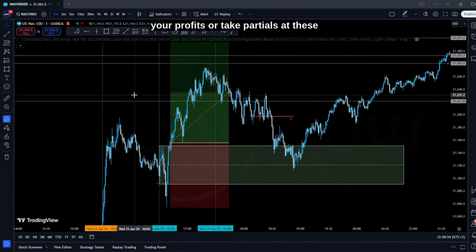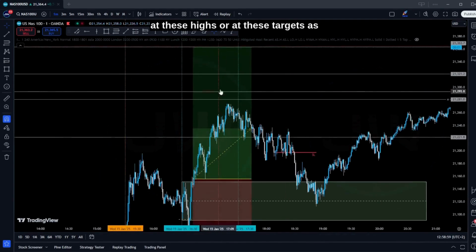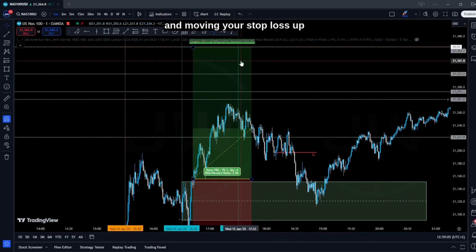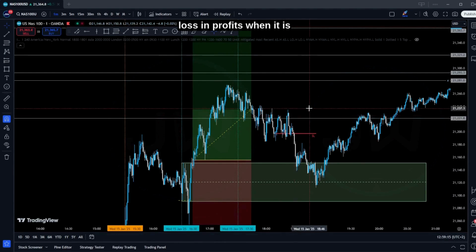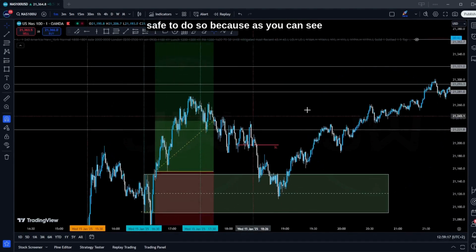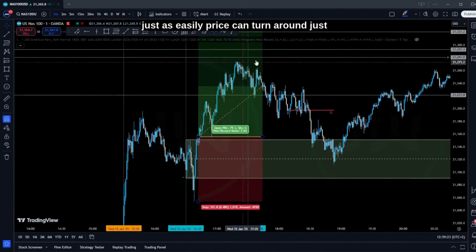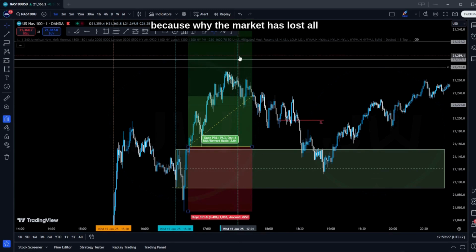It's best to take your profits or take partials at these highs or at these targets as price approaches them, and moving your stop loss up, de-risking, and putting your stop loss in profits when it is safe to do so. Because as you can see, just as easily price can turn around just before the target that you want to hit, because why?